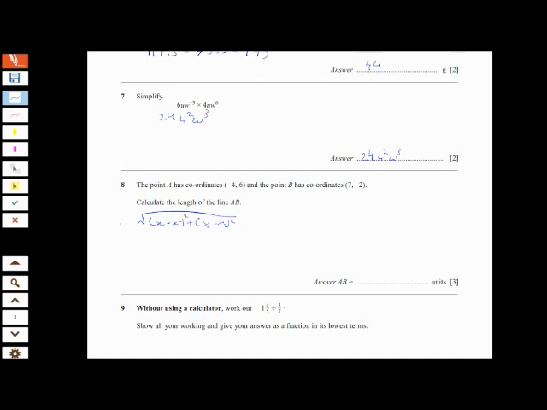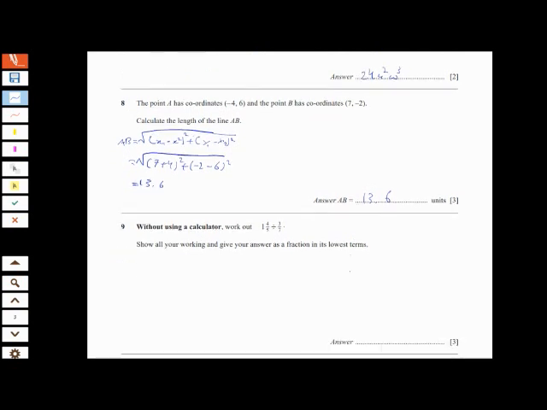Line AB. So x1 is 7, minus minus is plus, so plus 4 squared plus minus 2 minus 6 squared. That would give you 13.6. That's the answer.